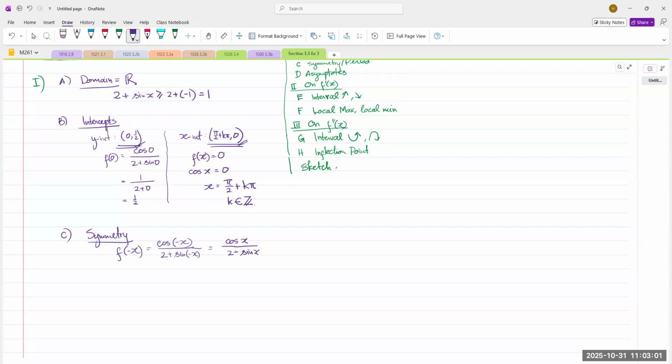Now, this is clearly not equal to f(x), and also not equal to negative f(x). So the graph of f(x) has no y-axis nor origin symmetry.